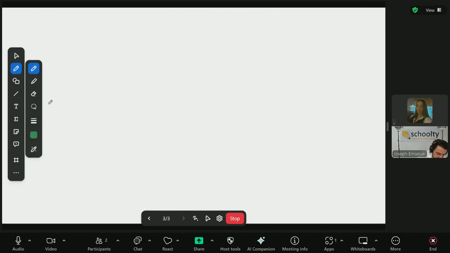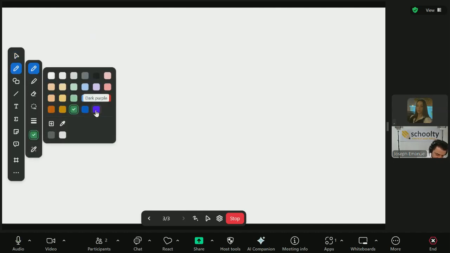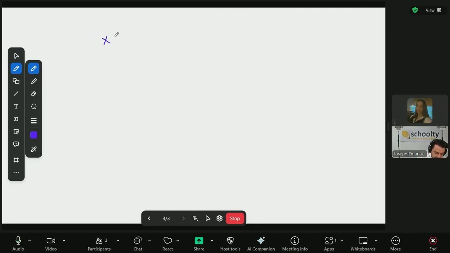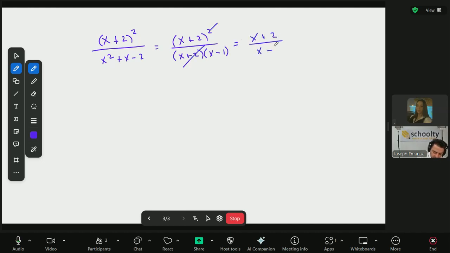So x plus 2 square divided by x square plus x minus 2. So x plus 2 square, this one we will transform it to x plus 2 x minus 1. This cancels out. We have x plus 2 divided by x minus 1, which is answer A.